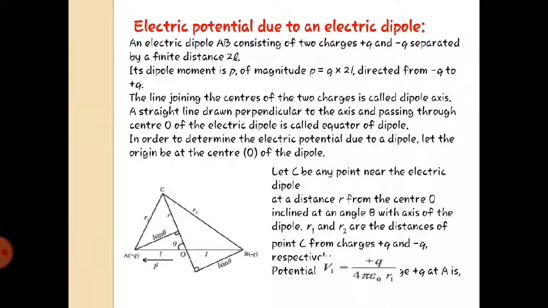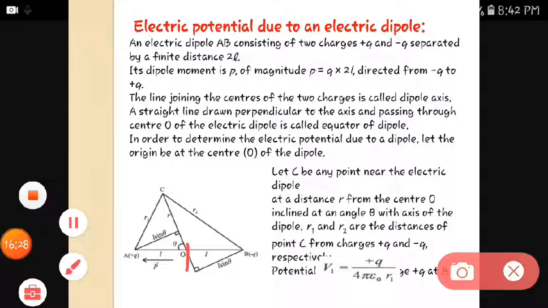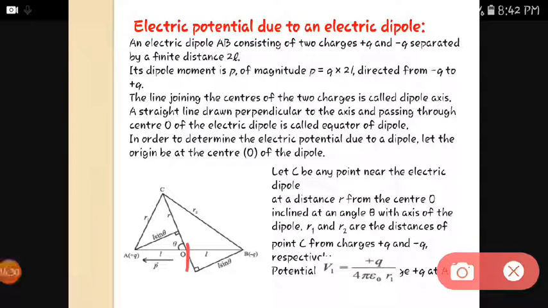Alright, in order to determine the electric potential due to the dipole, we take the origin at the center, which is O over here. Now we consider a point very near to the dipole, that is C over here.